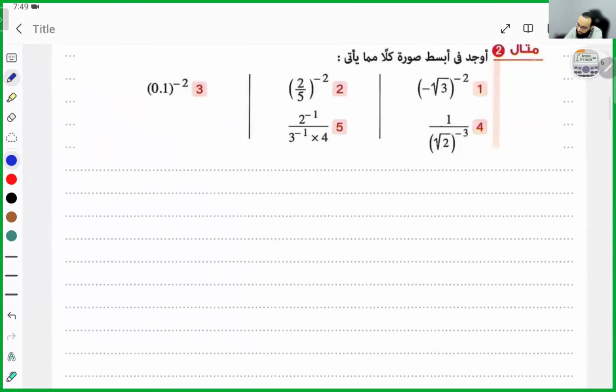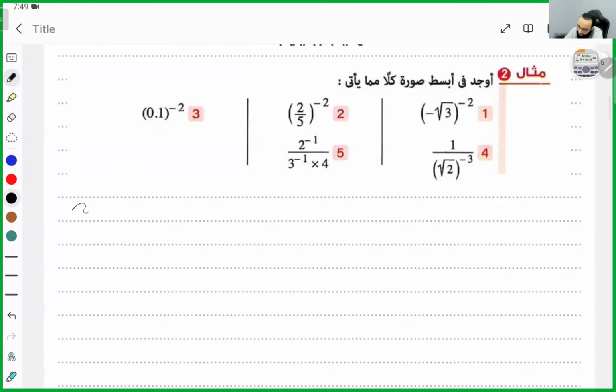Okay. Is it clear? Clear. So we have negative root 3 to the power of negative 2. We have a negative beside the power.